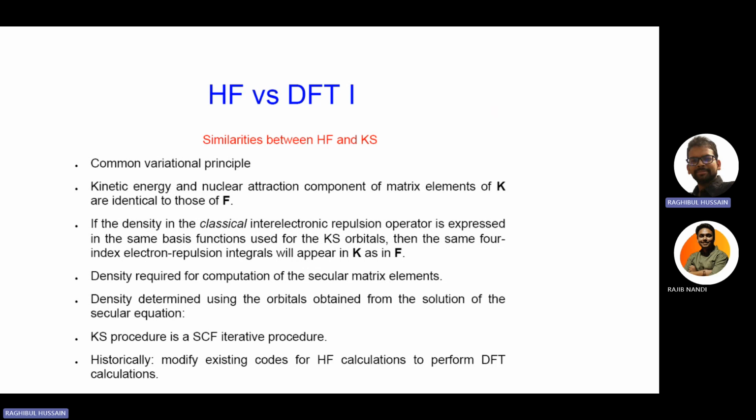As I told you, the Fock matrix and the Kohn-Sham matrix are almost similar. Both use the inter-electron repulsion using the classical expression. So we are at par with the wave function theory. Since we are able to recast it like Hartree-Fock, we can do the matrix formulation also. So we can do the diagonalization also. So now we are at par with Hartree-Fock.